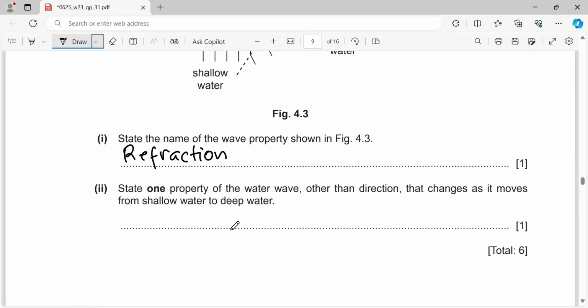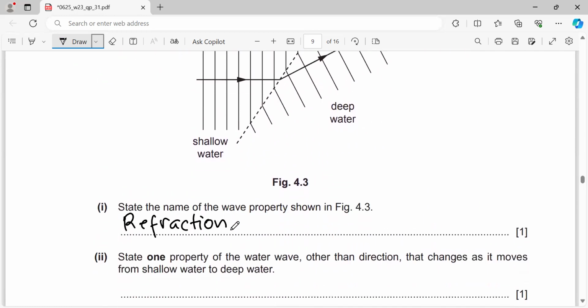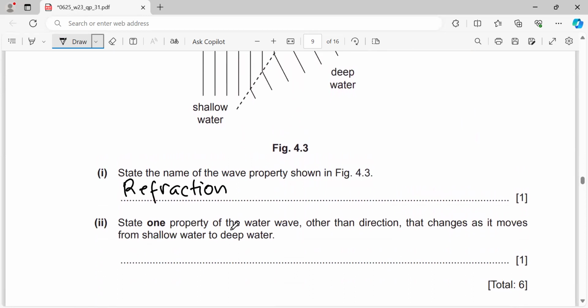State one property of the water wave other than direction that changes as it moves from shallow water to deep water. What can affect the direction?